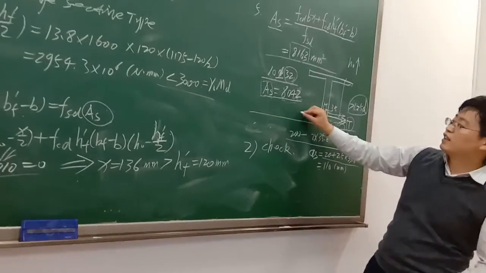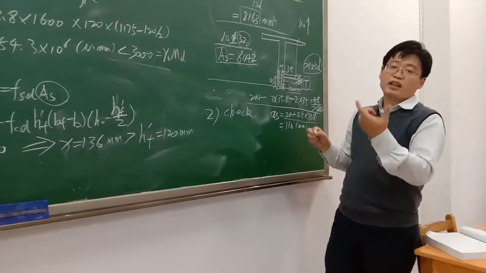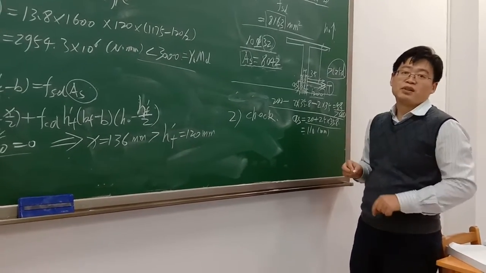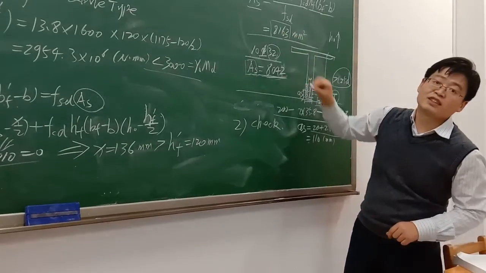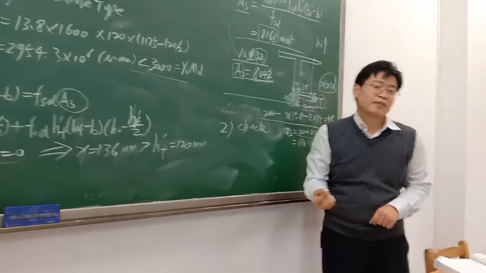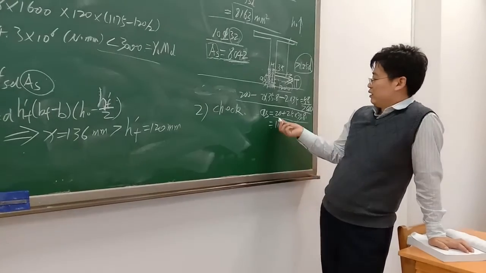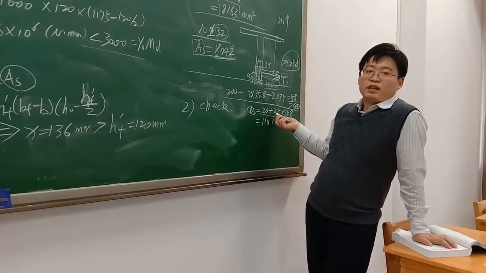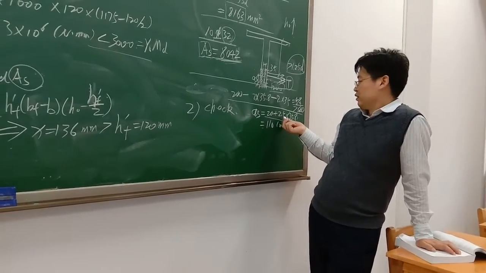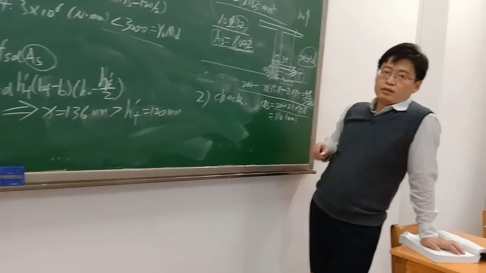Then T we can make a little bit smaller, that means AS will be small. So that's why we can use this way, a little bit smaller than this. Where did you get the 20 plus 2.5 from? Okay.